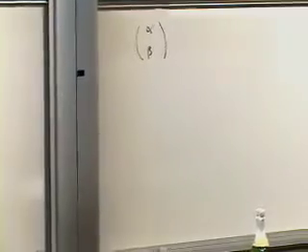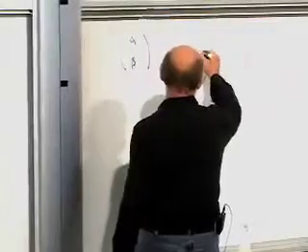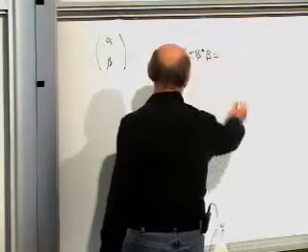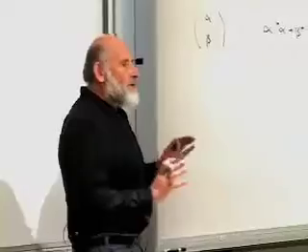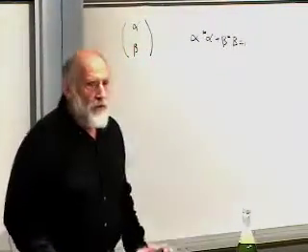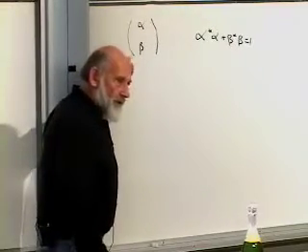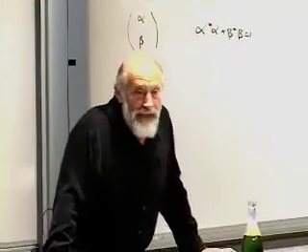with presumably alpha star alpha plus beta star beta equals 1, assume that. So that's normalized. No matter what state you write down, there is always some direction of space such that if the electron is in this state, then the spin along that direction is definitely plus.